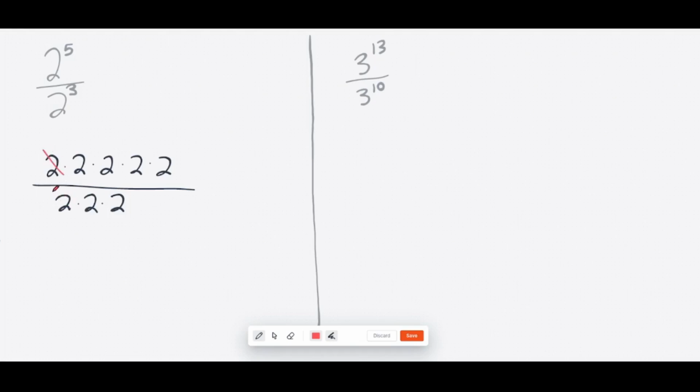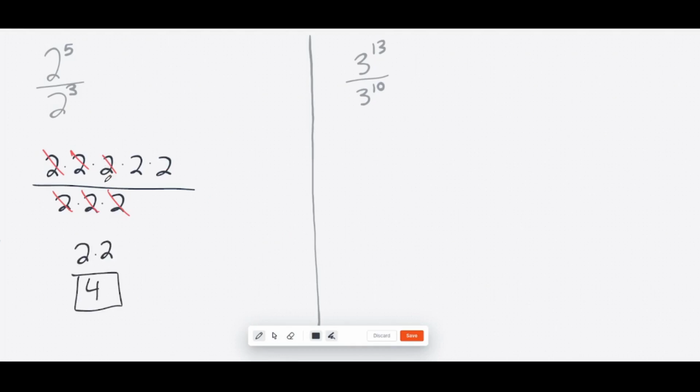So this 2 in the denominator cancels out with this 2 in the numerator, and then the same here, and the same here. After we do that, we're left with 2 2's in the numerator being multiplied by one another, and 2 times 2 is obviously equal to 4.